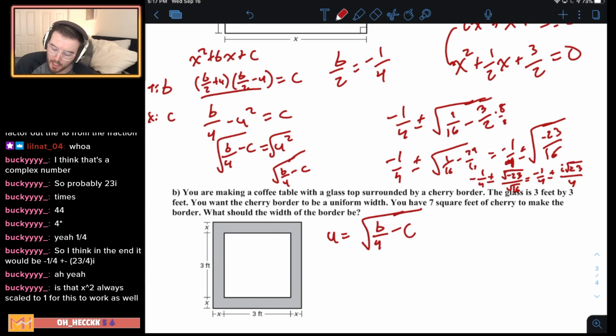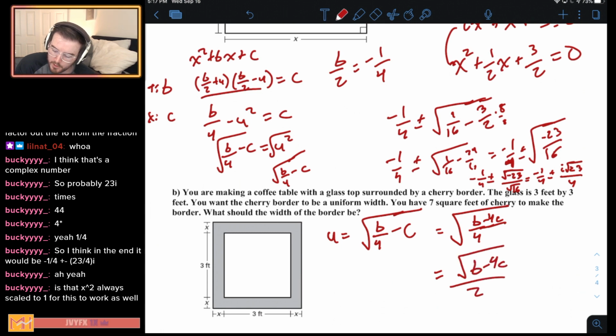Which if I got a common denominator, I could rewrite that as b over 4 minus 4c. I could write that even better. So that equals the square root of b minus 4c all over 2.